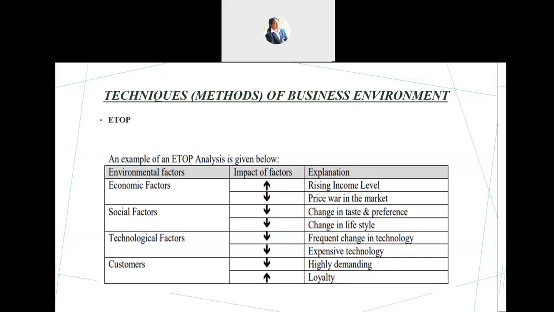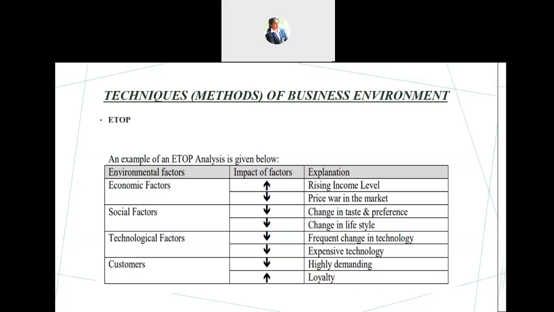So sometimes, if the customers have that kind of demanding power, there are chances the organization might not reach its objective in a very good manner.